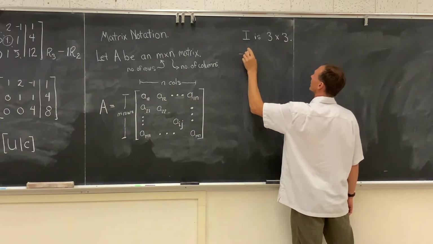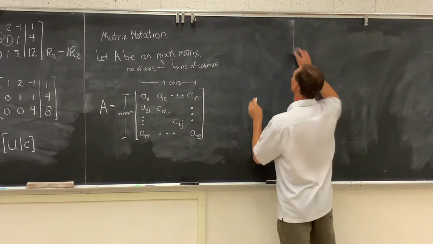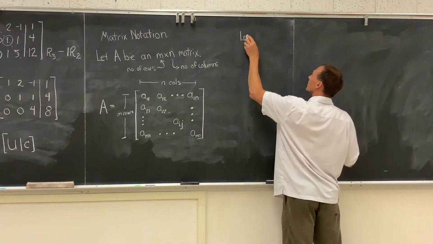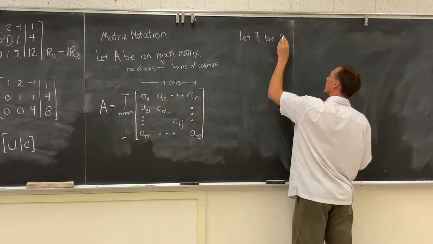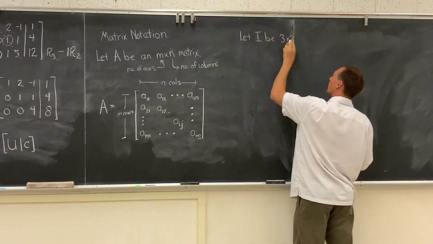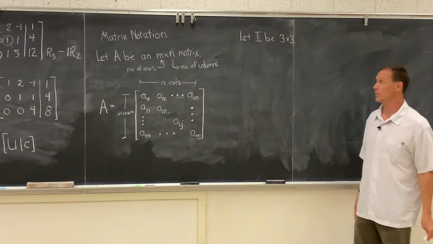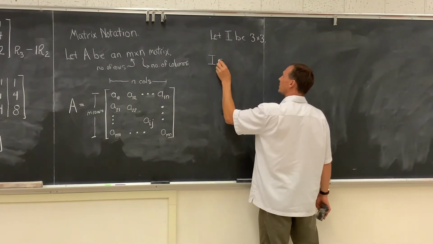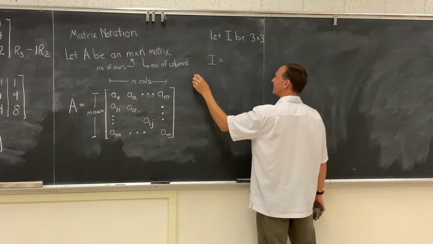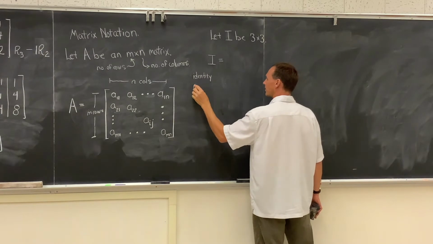Let I be 3 by 3, because I can be 4 by 4 or 2 by 2. What that means is the identity matrix.